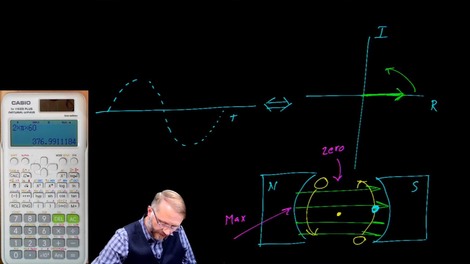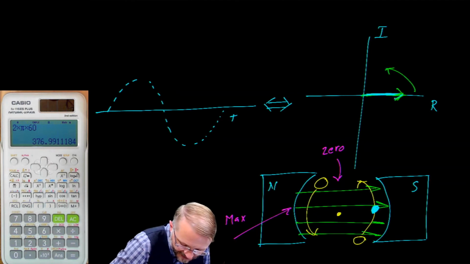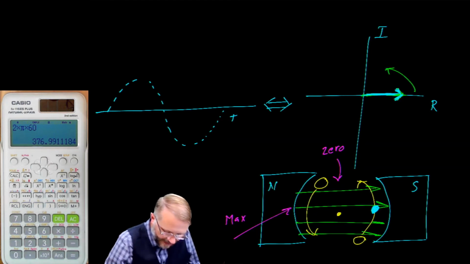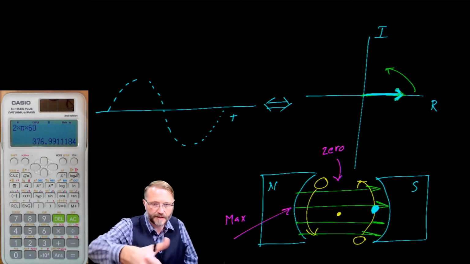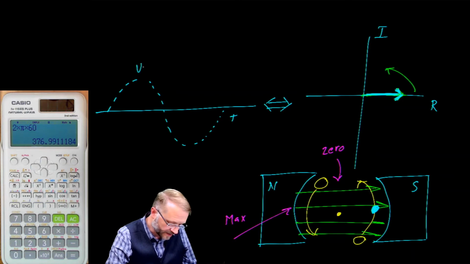You could say if we painted a dot right there, and we watched that dot rotate around in the generator, we could think of this as a line or an arrow that's rotating. And we could talk about a V max, we could talk about a 0, and so on.